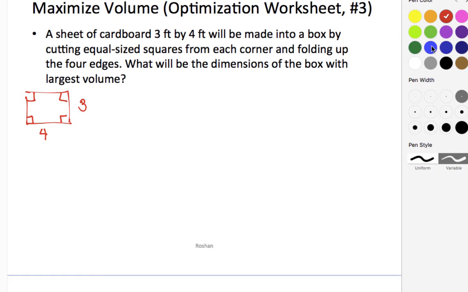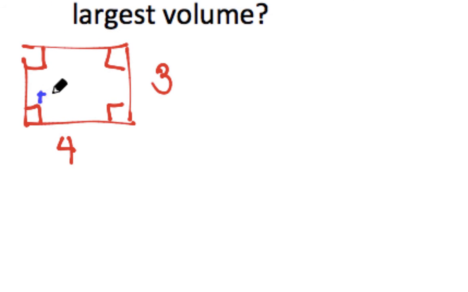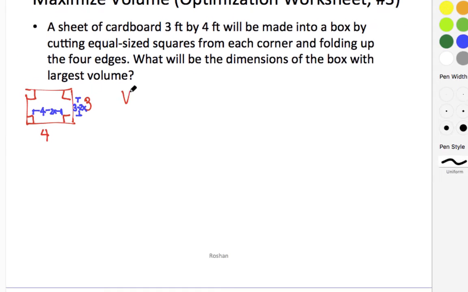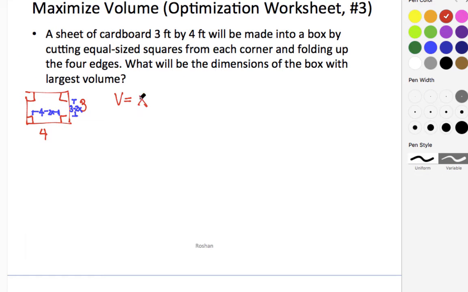So when we do that, we are left with this side being 4 minus 2x, and then this side here is going to be 3 minus 2x. And so I'm going to fold those sides up so the height is x. One side is 4 minus 2x, the other side is 3 minus 2x. The volume is length times width times height.